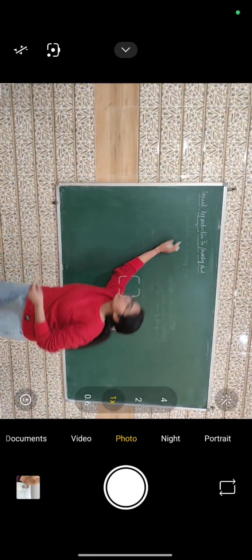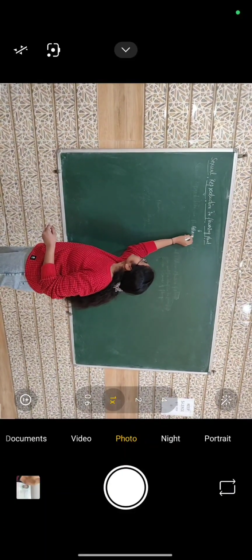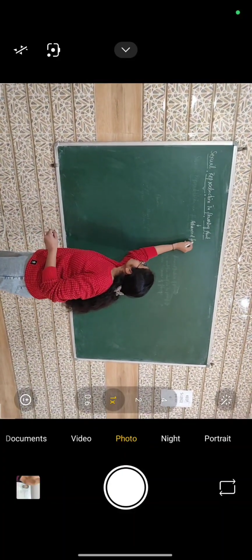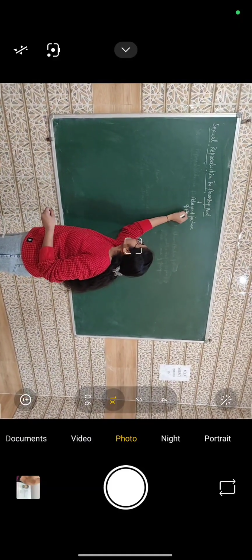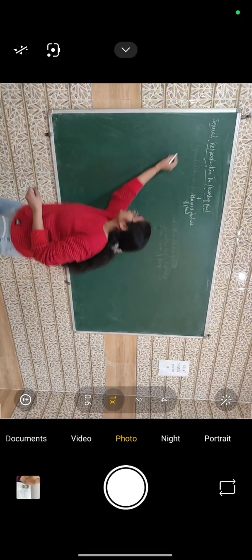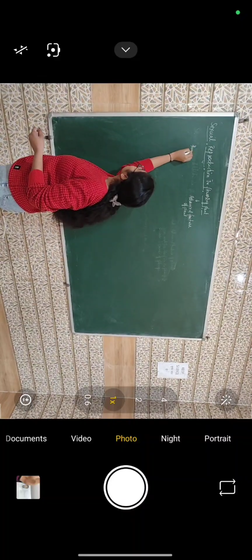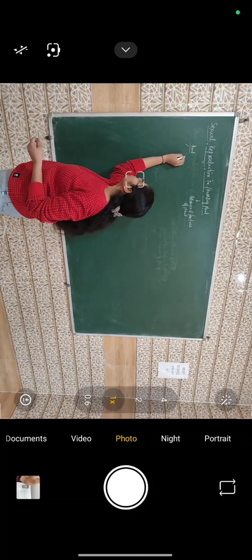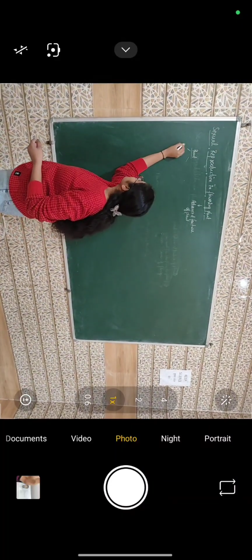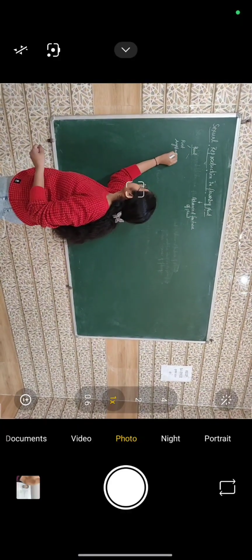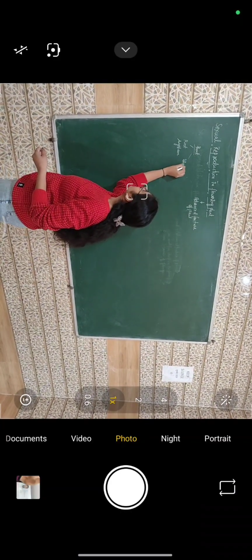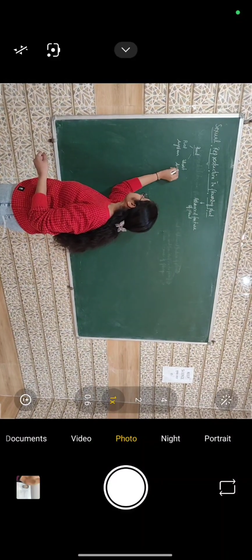Today's topic is sexual reproduction in flowering plants. Here, the flowering plant is an advanced feature of a plant. So basically, in a plant, we have two parts. One is the root system, and one is the shoot system.